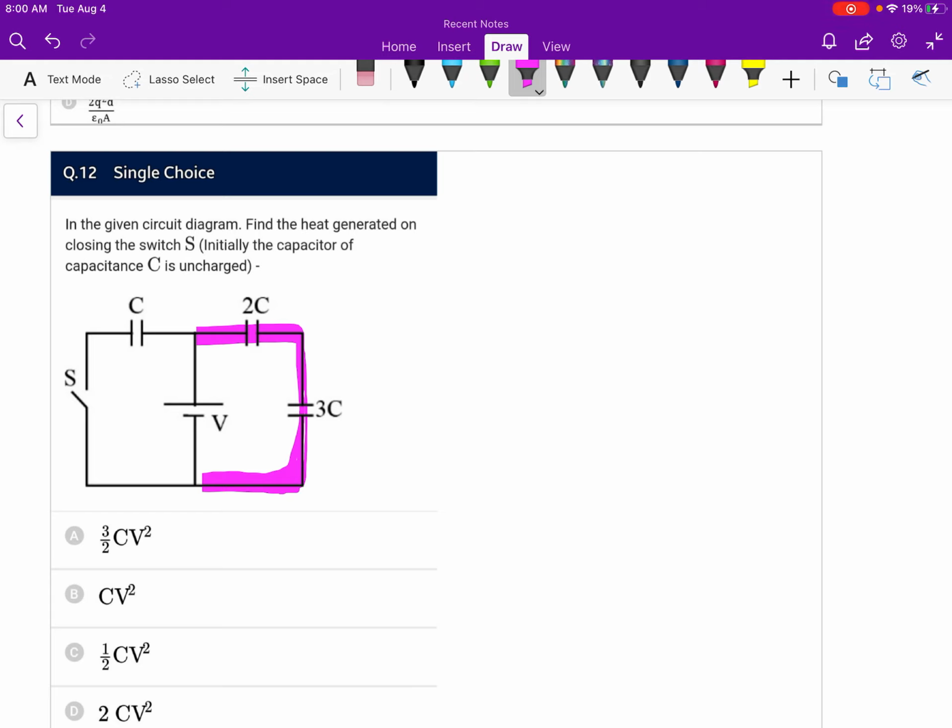So it is like connecting an uncharged capacitor across a battery of voltage V. We know that 50% of the energy supplied by the battery gets lost in the form of heat and electromagnetic waves, and 50% gets stored in the capacitor in the form of potential energy. Half CV square is stored and half CV square gets lost. We can directly use that result. So the energy lost is half CV square.